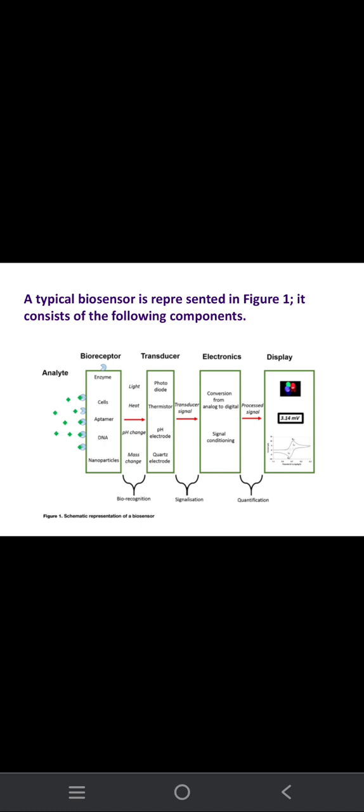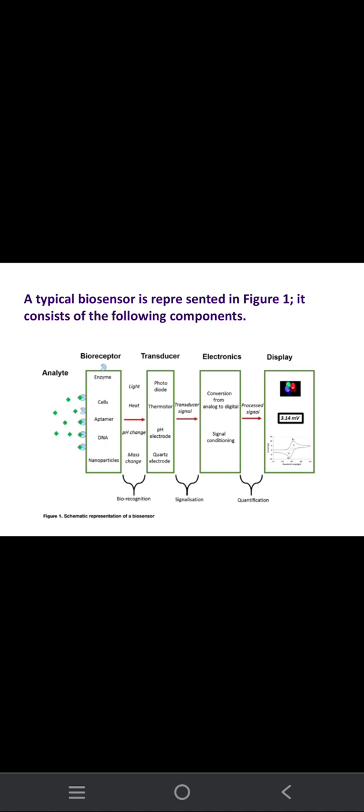The third component is the transducer. The transducer is an element that converts one form of energy into another. In a biosensor, the role of the transducer is to convert the biorecognition event into a measurable signal. The fourth component is the electronics. This part of the biosensor processes the transduced signal and prepares it for display.